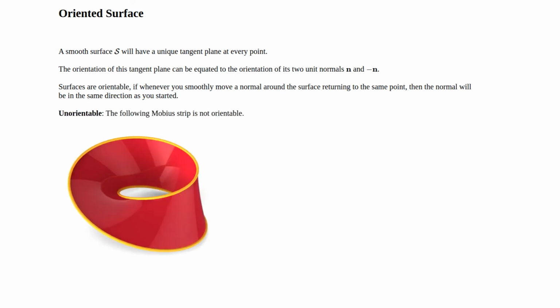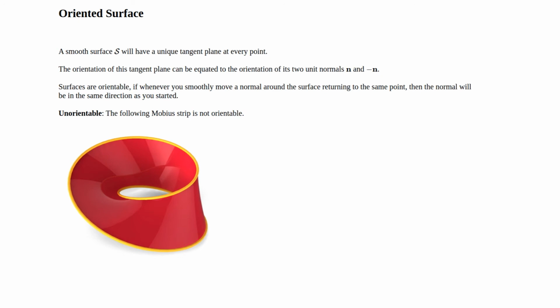To see that this is not always possible, think of this following Mobius strip. Start with the normal on, say, the lower right here, pointing outwards. And then if you move around towards the back, it's still pointing outwards. And then it starts pointing down. And then as you move around to the front again, it's pointing inwards.